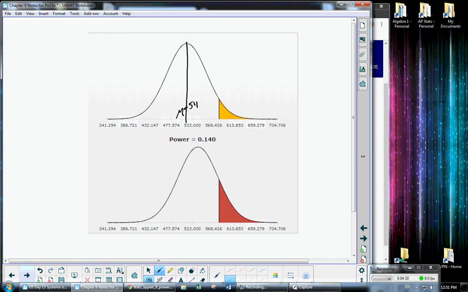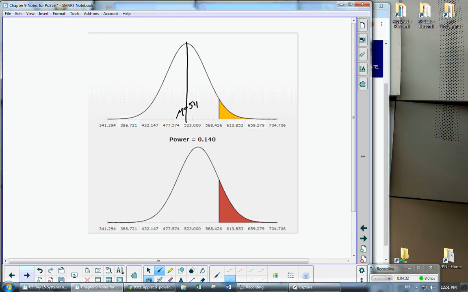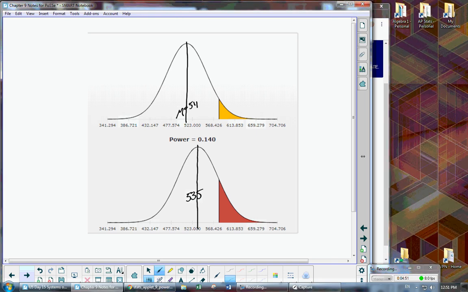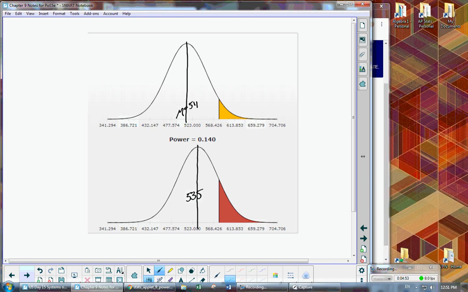What the power does is say, what would happen if, instead of the mean that we think is right, the 535 that we're seeing is actually the true mean? Now watch what happens: this part lines up over each other, but which one has a bigger area? This one has the bigger area.